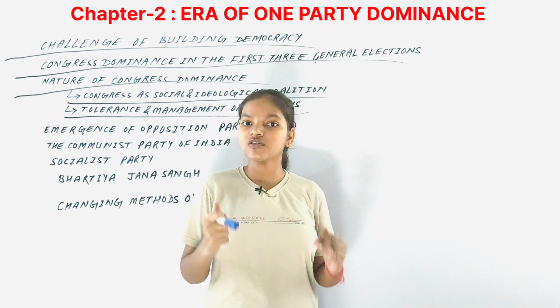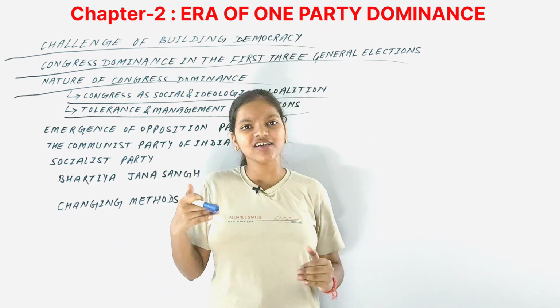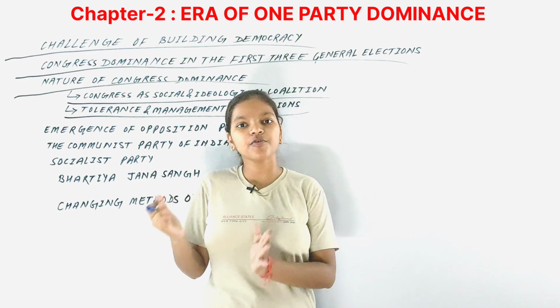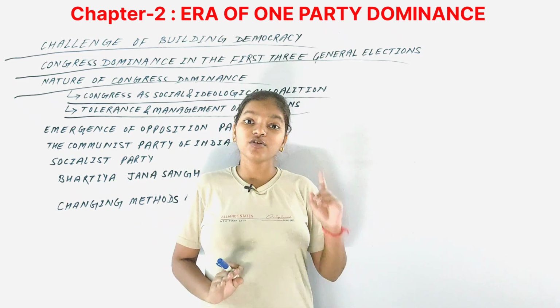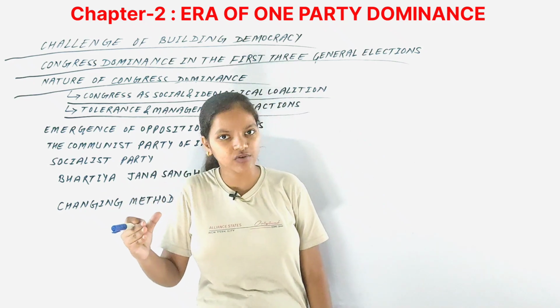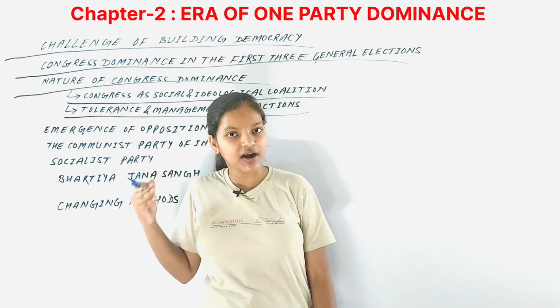So these factions were the ones who were actually controlling, criticizing, pressurizing, influencing the rules, regulations, the policy programming of the Congress party. So that's why we can say that the Congress party did not just emerge as a ruling party. Instead, it emerged as an opposition party as well.